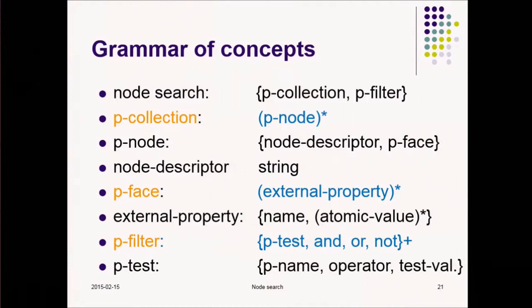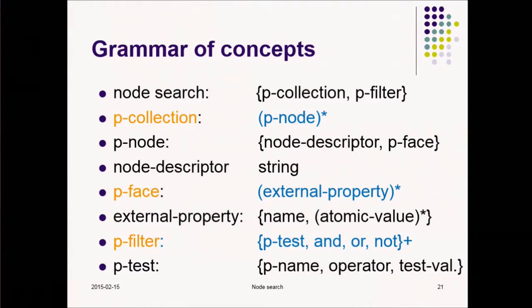A node search is a pair consisting of a p-collection and a p-filter. A p-collection is a set of p-nodes. A p-node is a pair consisting of a node descriptor and a p-face. A node descriptor is a string enabling node construction, and a p-face is a set of external properties.